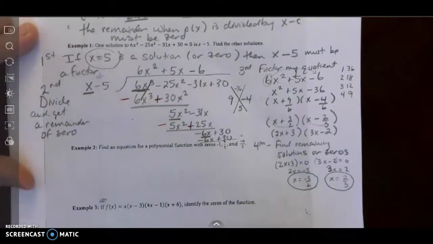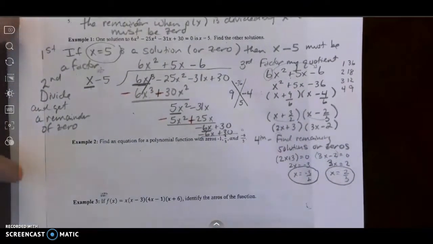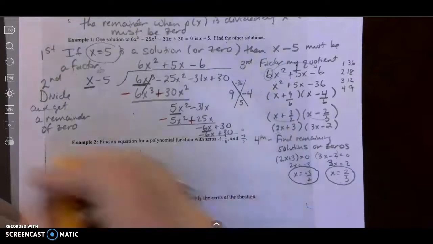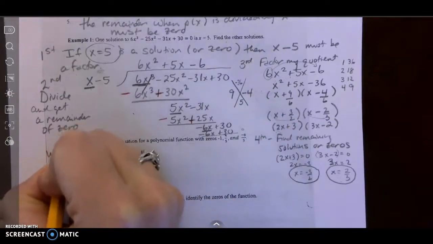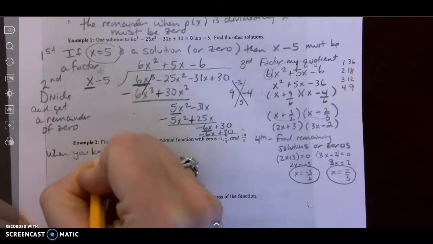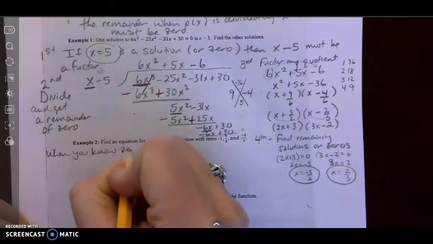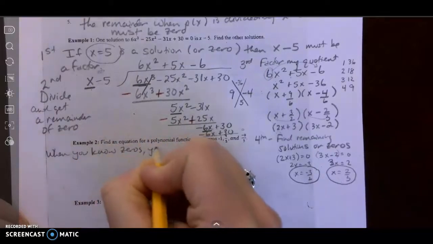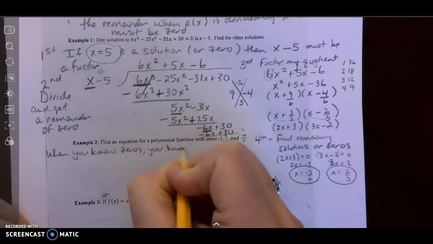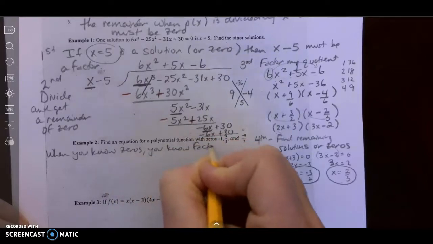All right, the next example, example 2, says find an equation for a polynomial with the following zeros. Well, when you know the zeros, you know the factors.